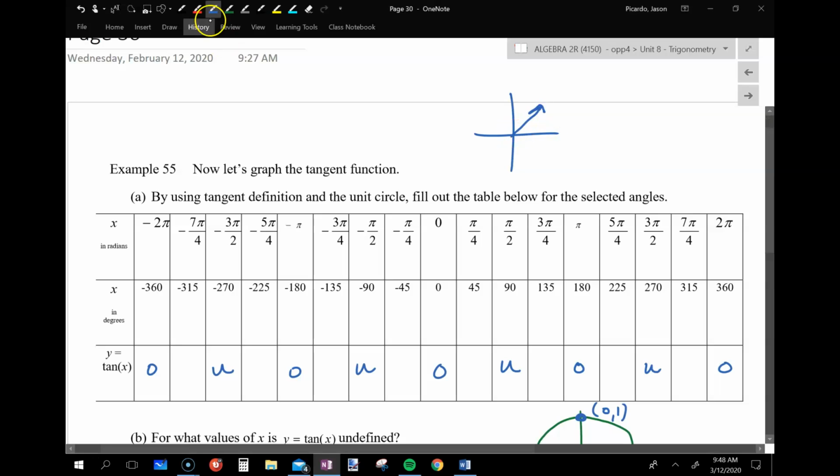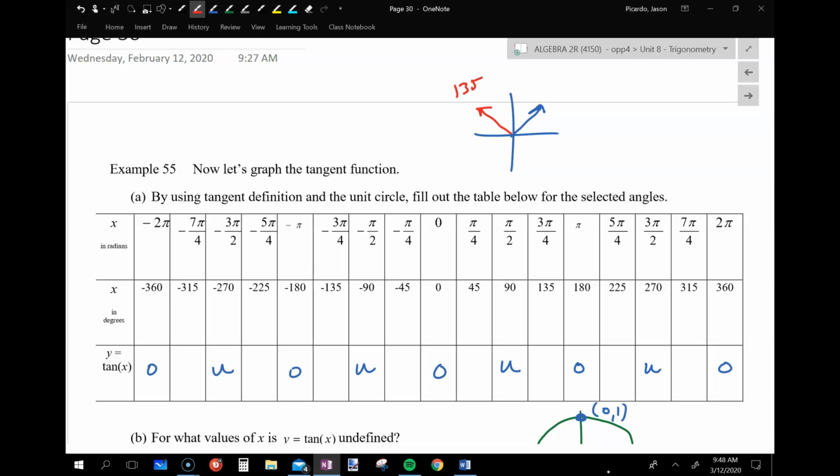Where does 135 put me? Puts me right here. But what would be the reference angle of 135? Well, I'd have to go to 180. So what's the reference angle? 45. Good. Thank you.